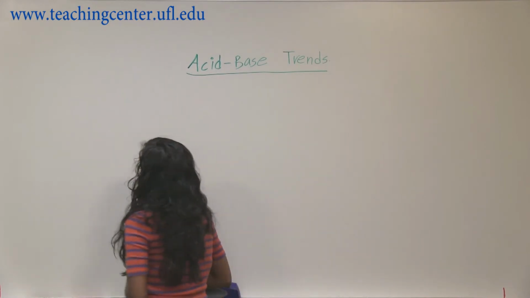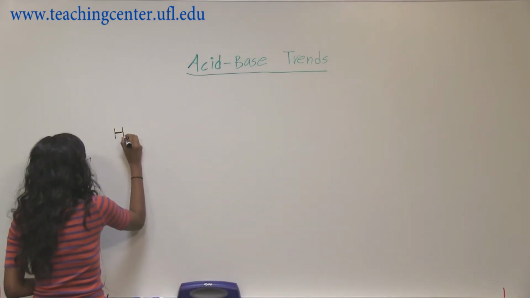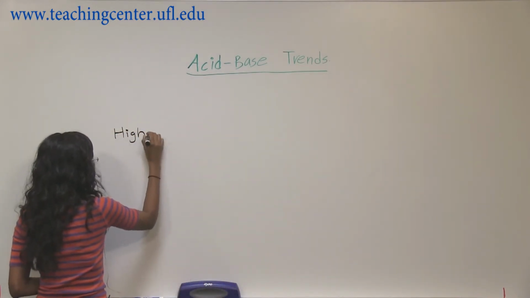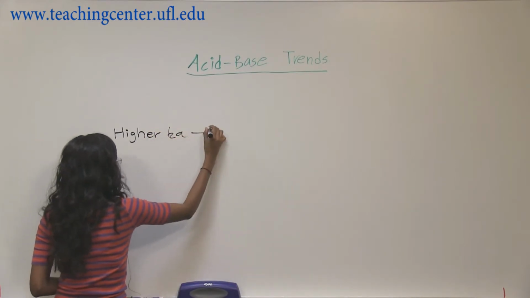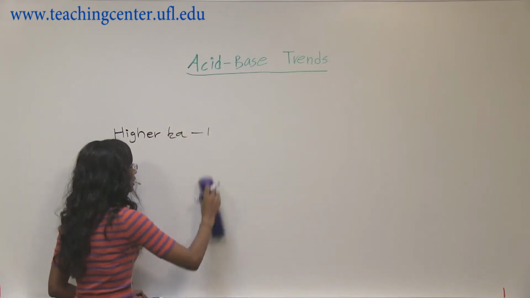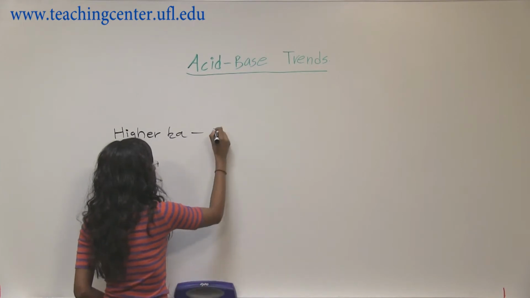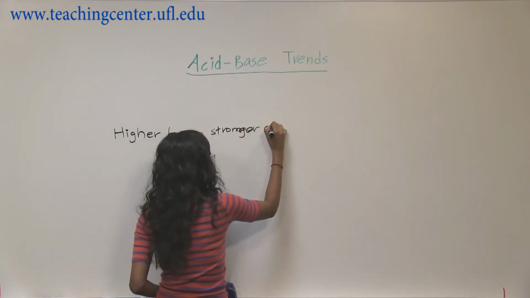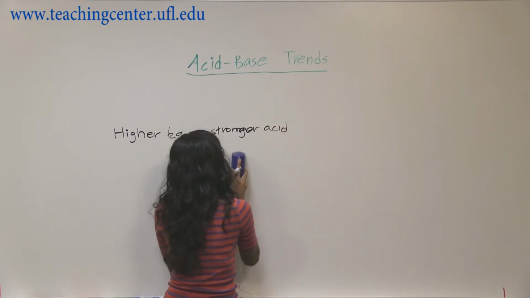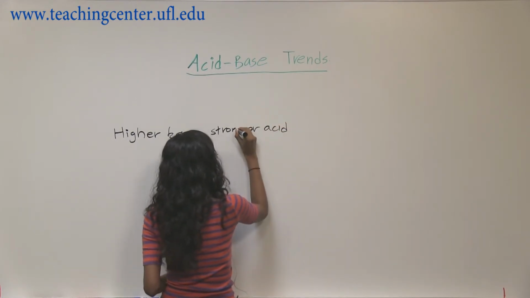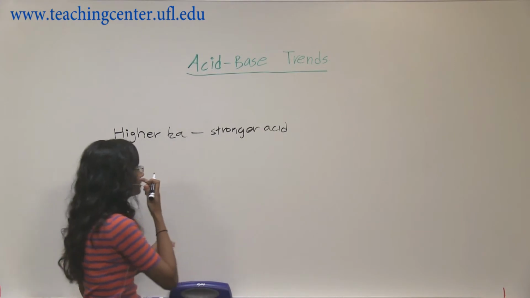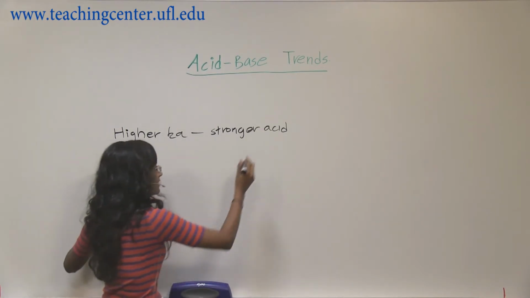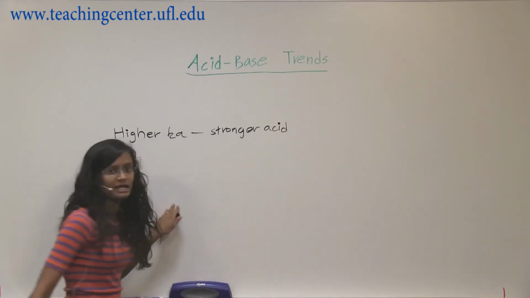Now, the higher the Ka, the better acid, or the stronger the acid. So higher the Ka value, stronger the acid.